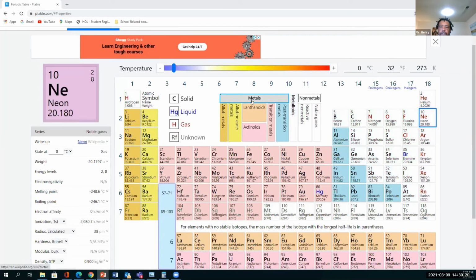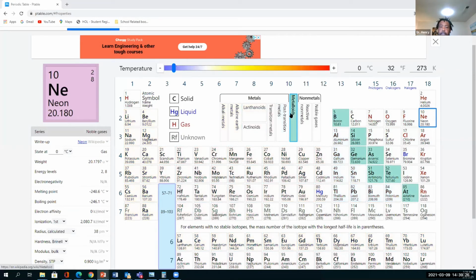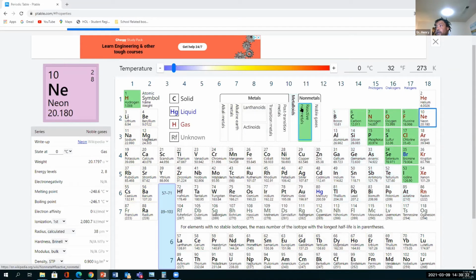These are all of the metals on the periodic table. A lot of them are metals. These are metalloids, in between a metal and a non-metal. These are all non-metals, and these are your noble gases.